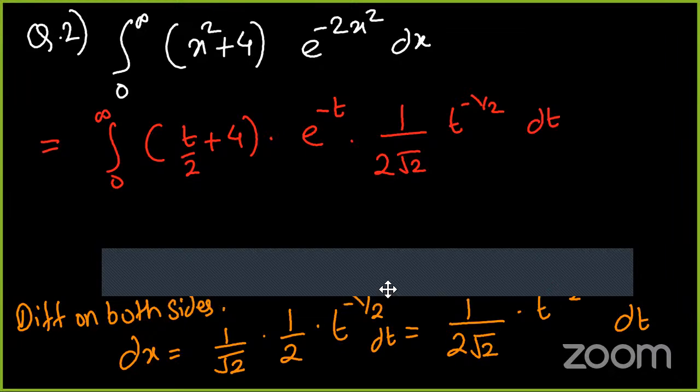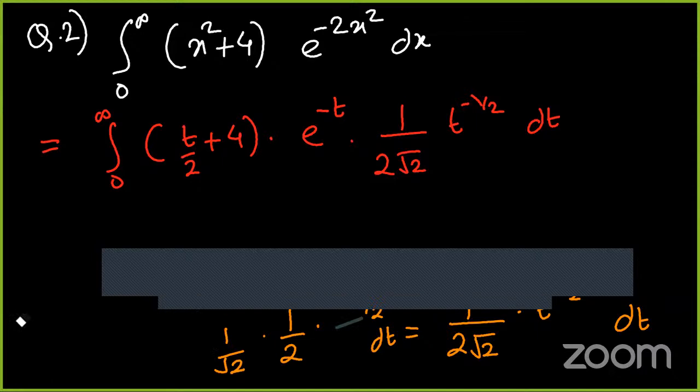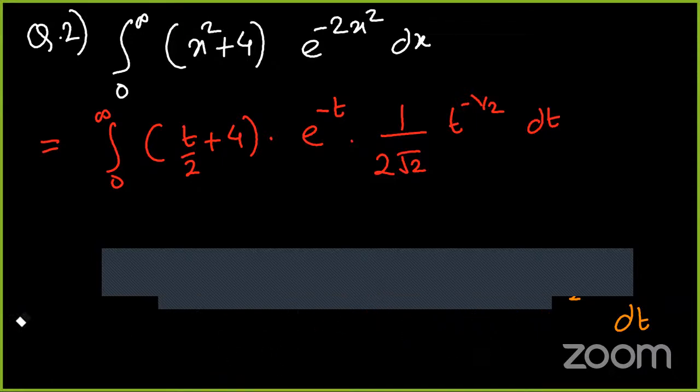Don't open the bracket. Don't open the bracket yet. Substitute first, because it will become too much difficult to understand if you open the bracket first and get a bigger term. So it's better to substitute first and then open the bracket.